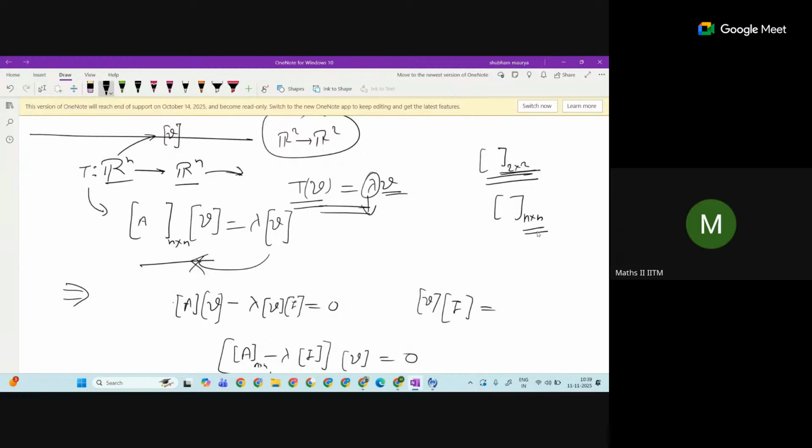It is a slight extension: in place of n cross n we can do 3 cross 3, 4 cross 4, or any order of square matrix. Any square matrix means any order. So everything is the same, whatever you have seen: algebraic, geometric, eigenvalues, eigenvectors. Let's move ahead to the special case of matrices.